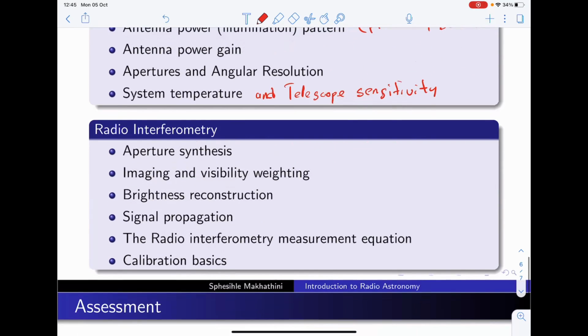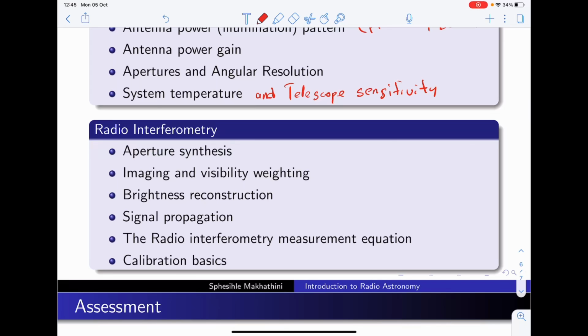Okay, then in the second part, we're going to go into radio interferometry, just the fundamentals. We're going to start by going through aperture synthesis, which is basically a way that tells you how to form one unified aperture from a set of smaller antennas.